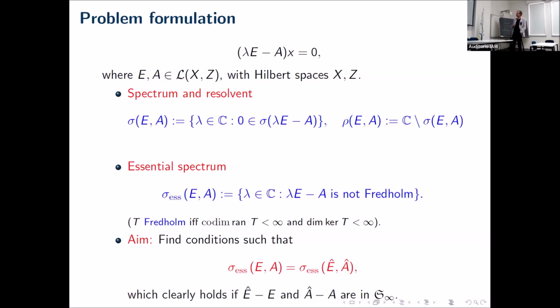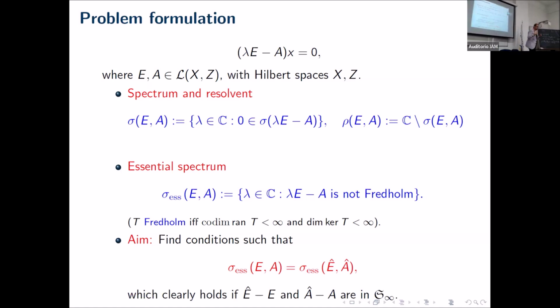Okay. Also, well, I'm not aware of results for this. What is cheap, let's say, is of course the invariance of the essential spectrum, which means I have two operators E and E hat, and two operators A and A hat.